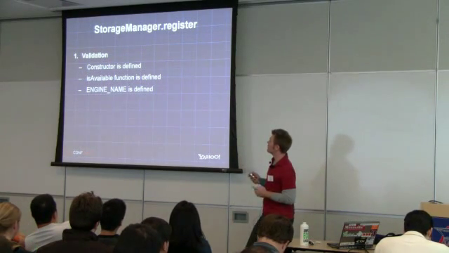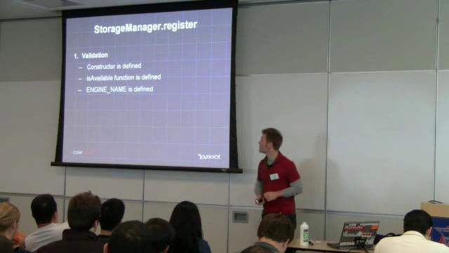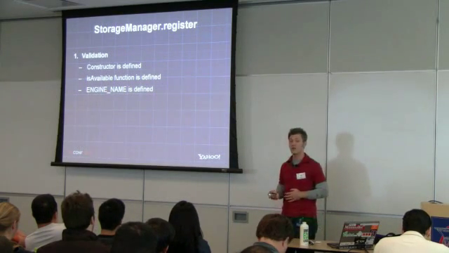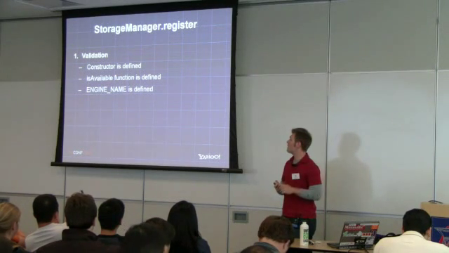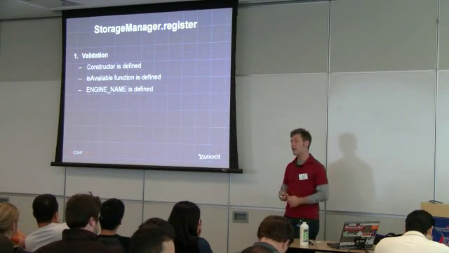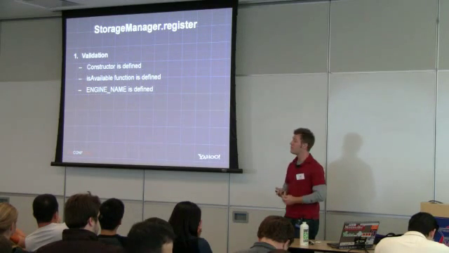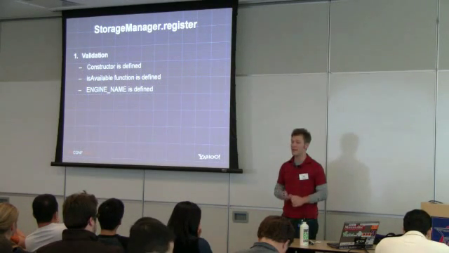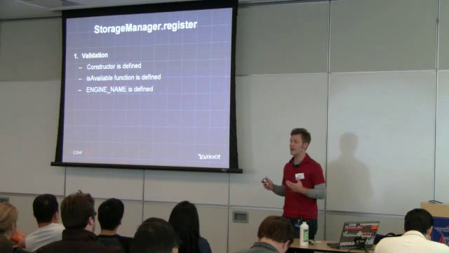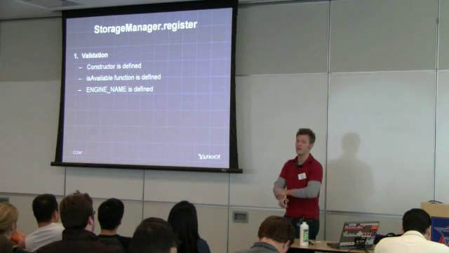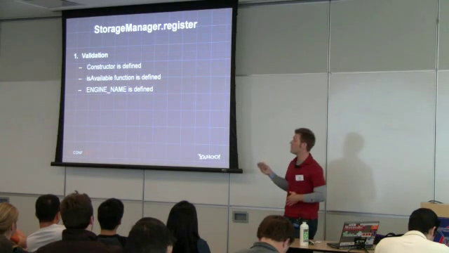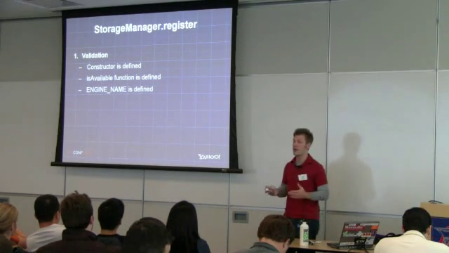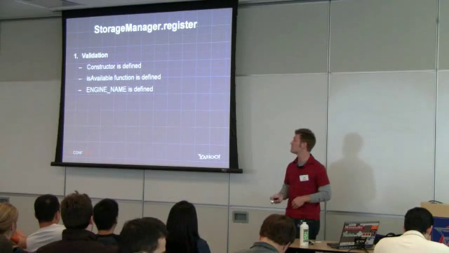The validation inside register is first going to figure out, does the constructor that you pass in exist? It's going to then see, does the constructor have an isAvailable function? The isAvailable function is used by the get method to see if the technology required to use this particular engine is available, and it'll be called each time before get is able to return an instantiated object.